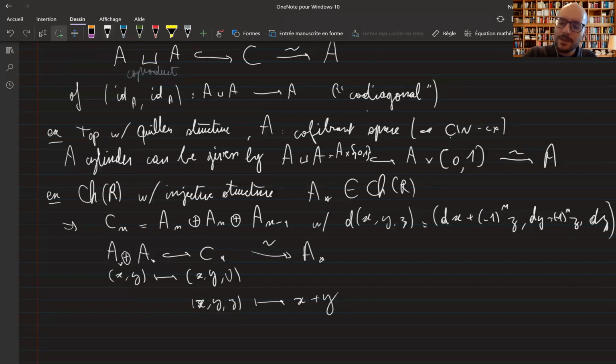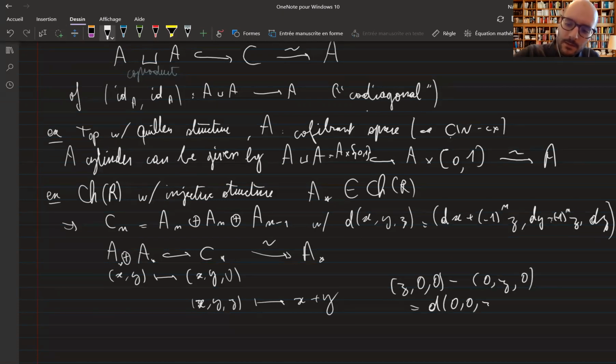Because this differential essentially tells you that if you have some Z, then Z, 0, 0 and 0, Z, 0 are identified by this if Z is a cycle.